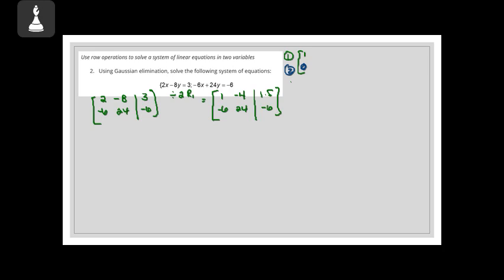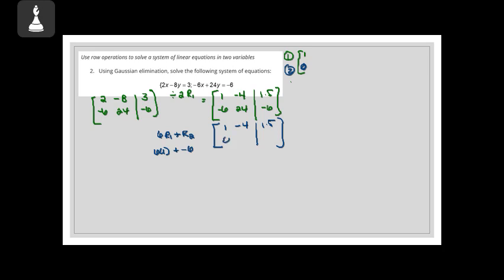Well, a positive 6. So I'm going to take row 1 times 6 and then add that to row 2. So I'm not changing the top row. I'm only changing the bottom row. So if I do this first one here, 6 times 1 is 6, and then plus row 2, negative 6, that gives me 0.